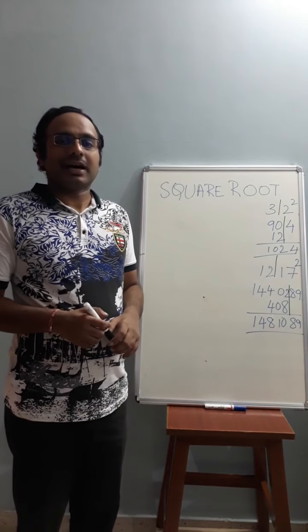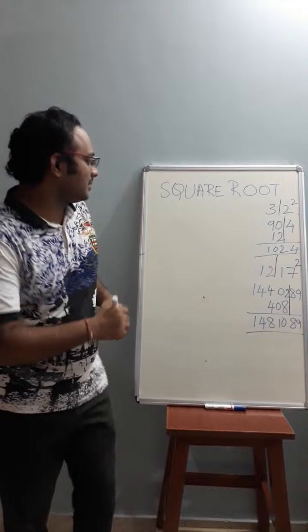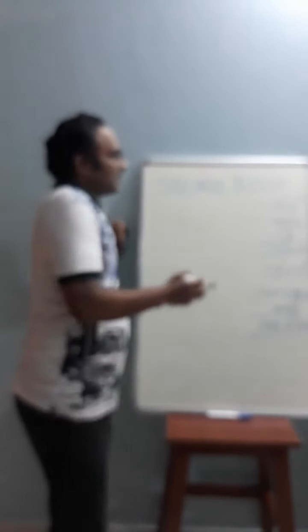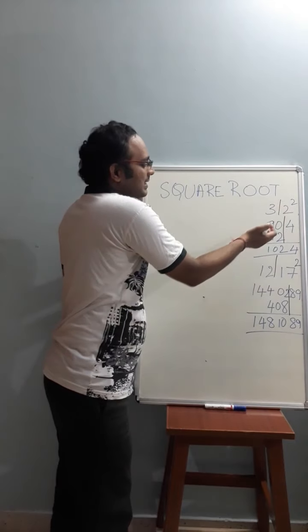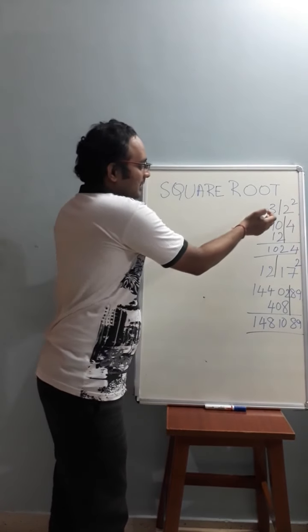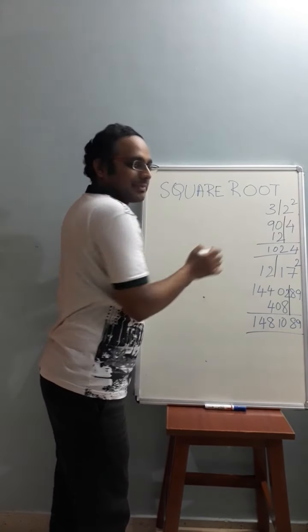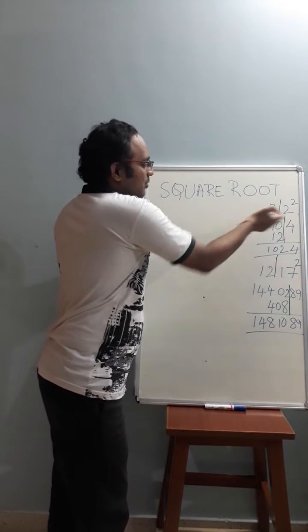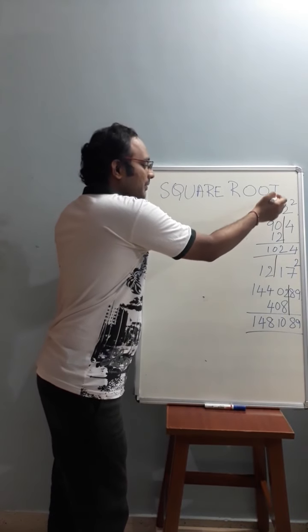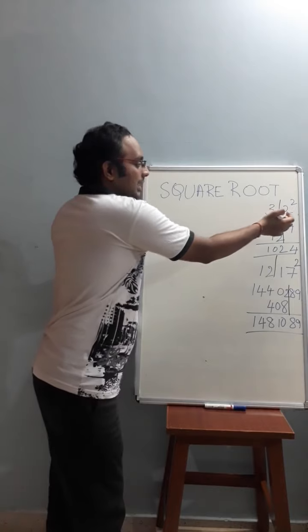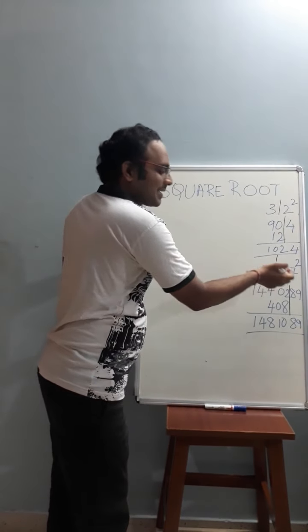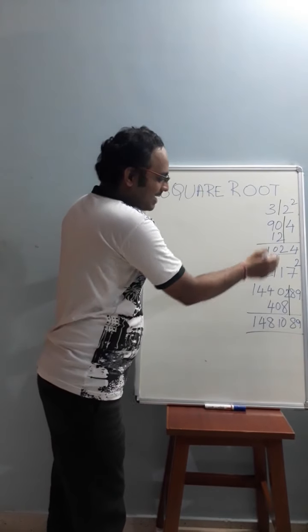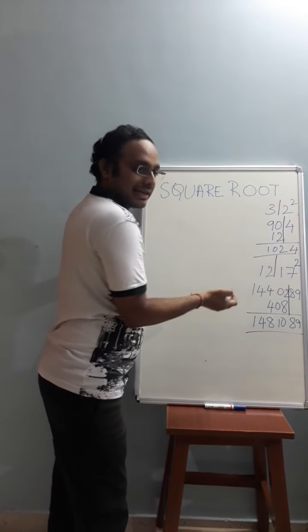Now let's see how the trick works. In 32 square, we wrote a slash after one digit from the right hand side. 3 is a separate number and 2 is a separate number. 32 can be written as 3 into 10 to the power of 1 plus 2, and 2 is a single digit number. In 1217 square, we wrote a slash after two digits from the right hand side.